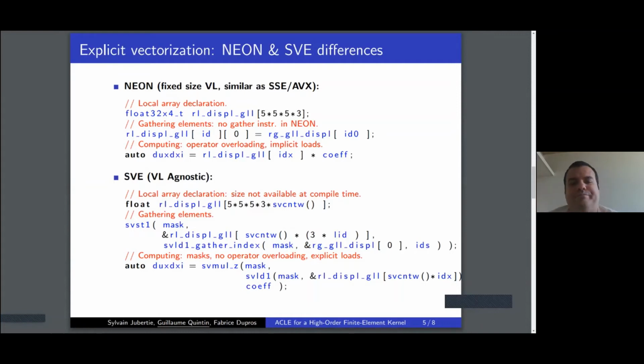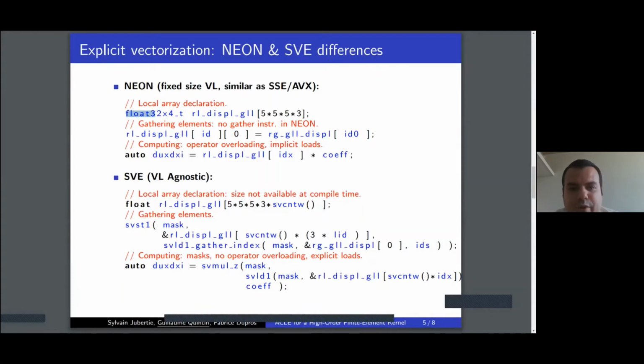First, when you write pure SVE, you suppose that you don't know the vector length at compile time, so you have to change the declarations.